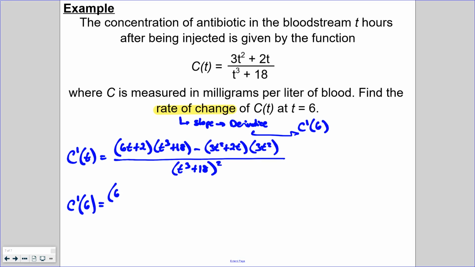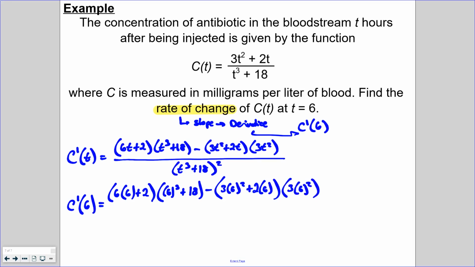So that means we're going to have 6 times 6 plus 2 times 6 cubed plus 18 minus the quantity 3 times 6 squared plus 2 times 6 times 3 times 6 squared. And that is all over 6 cubed plus 18 squared.